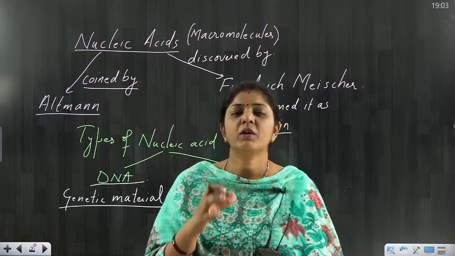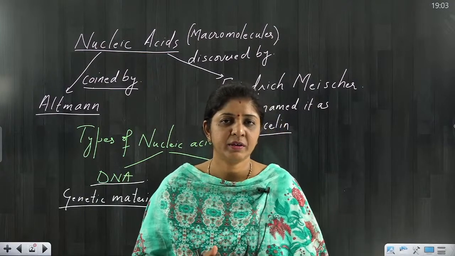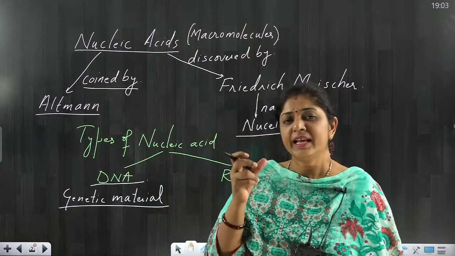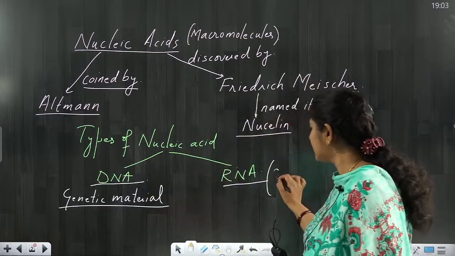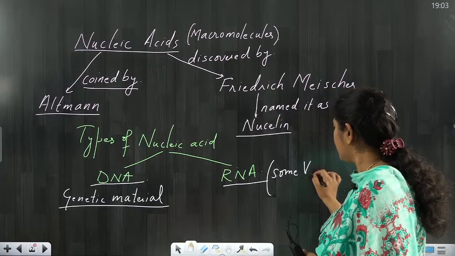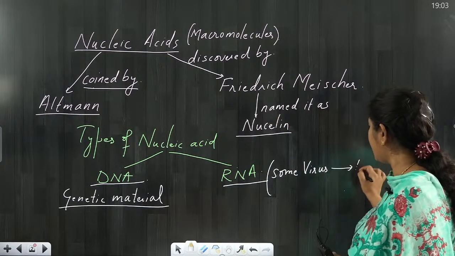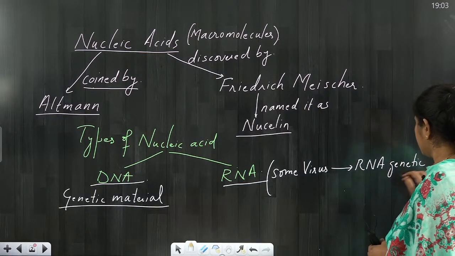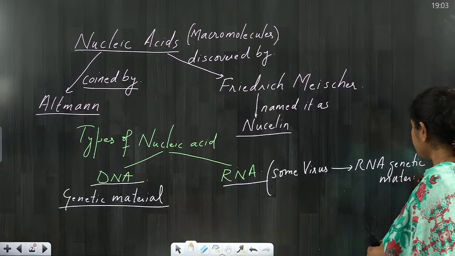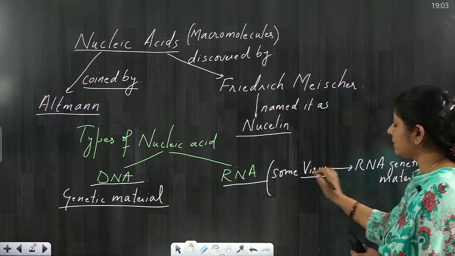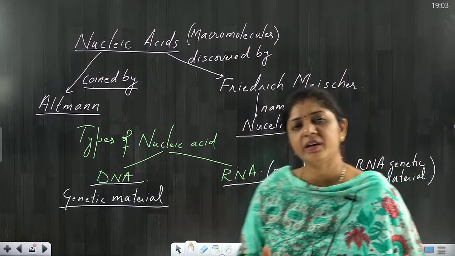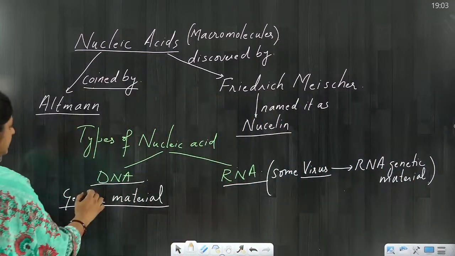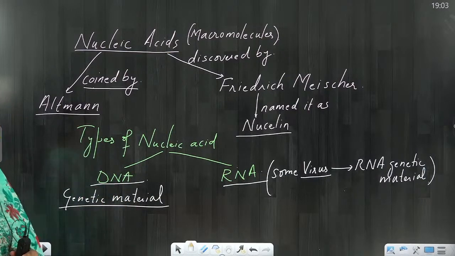DNA in all living organisms will be the genetic material. But according to your NCERT book, I must say that in some viruses RNA is the genetic material. Not in all organisms, being viruses, some viruses have RNA as genetic material, but all living organisms have DNA as genetic material.